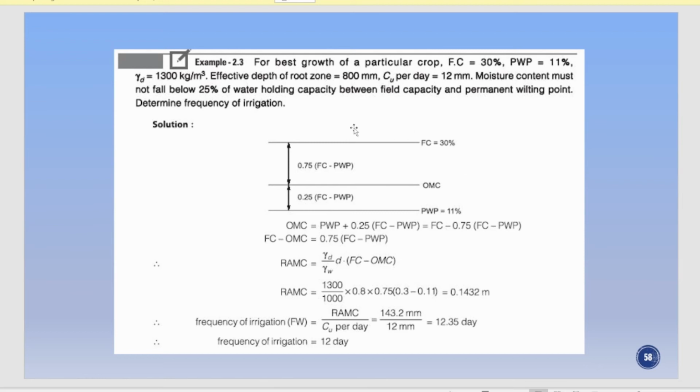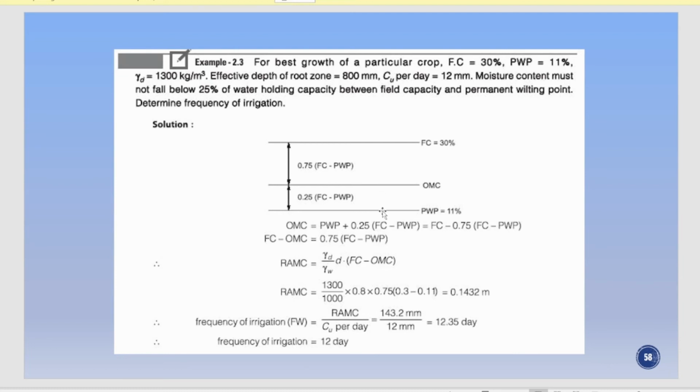After reading this problem, as you can see, the field capacity is 30% and the PWP is 11%. The moisture content must not fall below 25% of the water holding capacity. So the optimum level of water that should be maintained in the agricultural field should not be less than 25%.